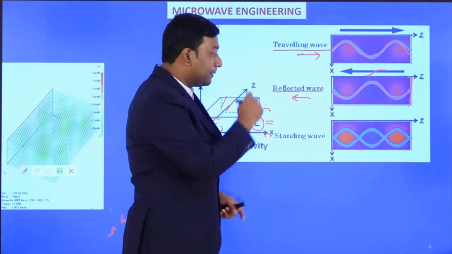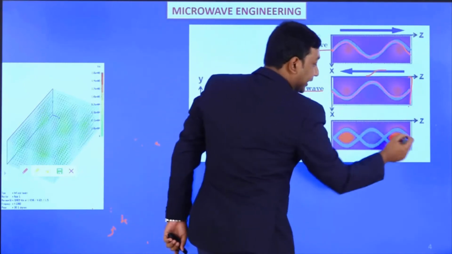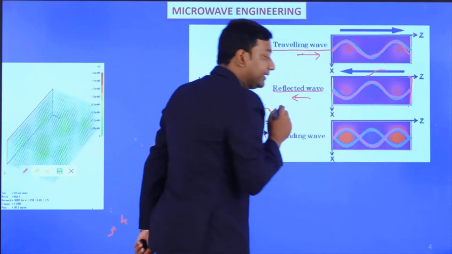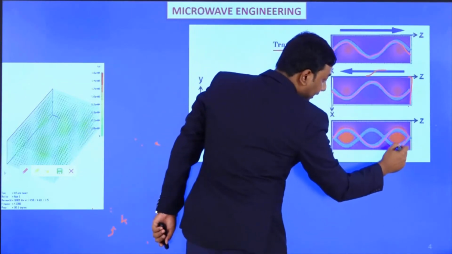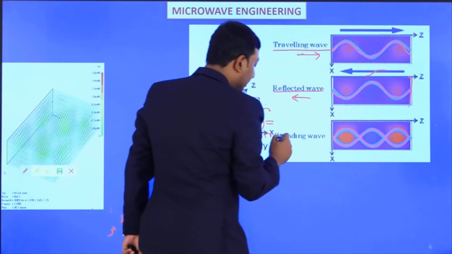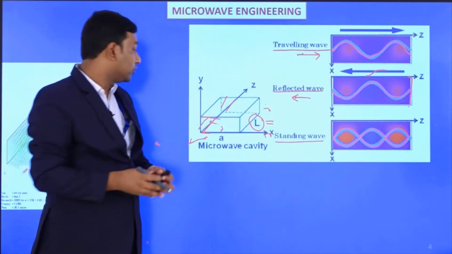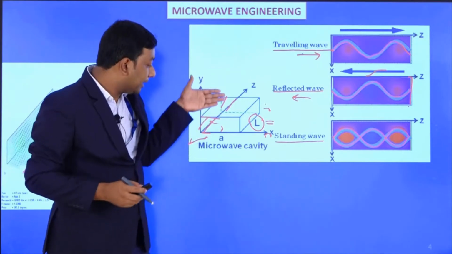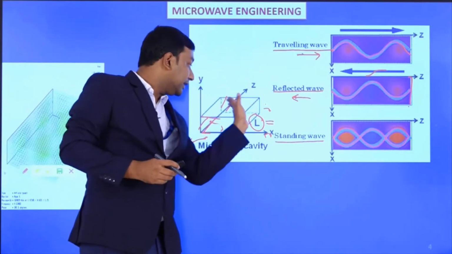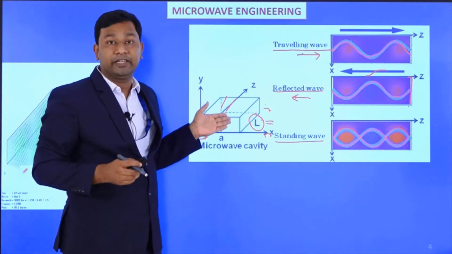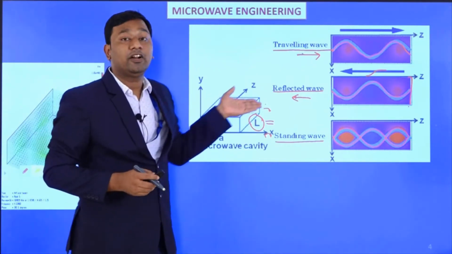So in a cavity resonator, if both sides are shorted, this type of pattern is there. This is the incident wave and the other one is the reflected wave, and a standing wave pattern is generated. So you see the difference in the cavity resonator: both sides are shorted. That is the difference between a microwave cavity resonator and a rectangular waveguide.